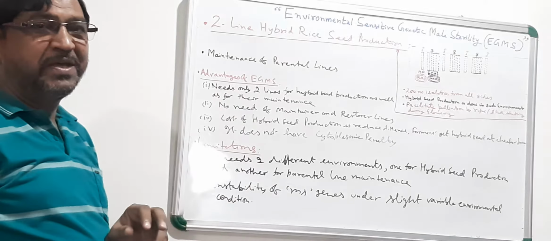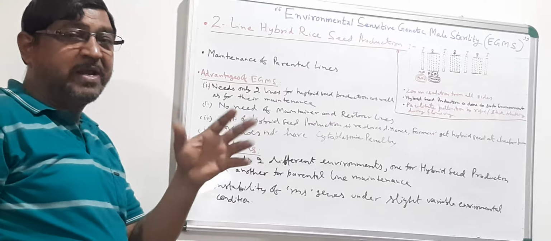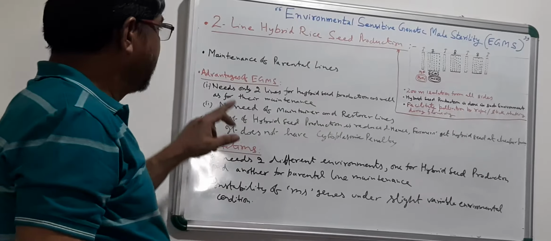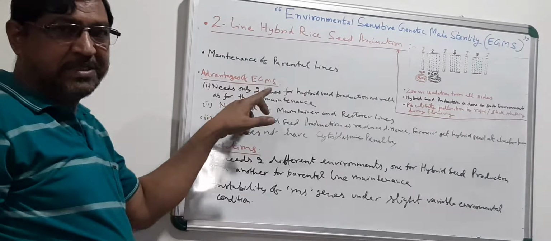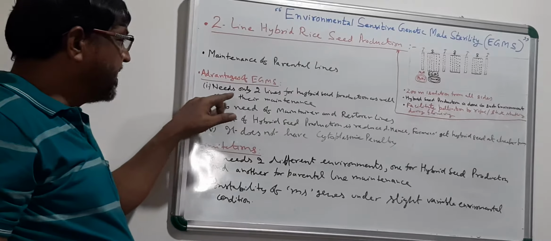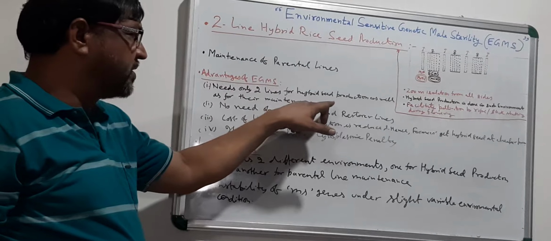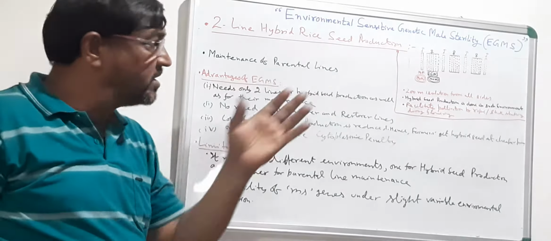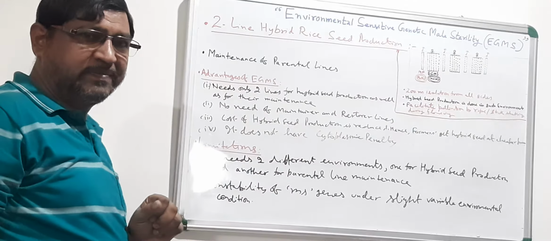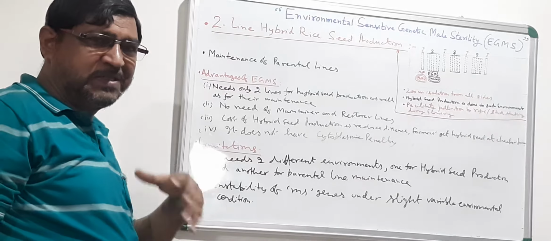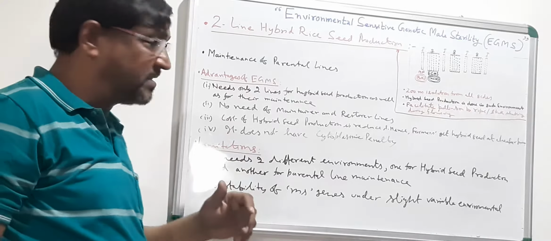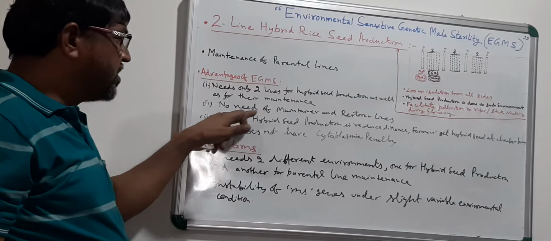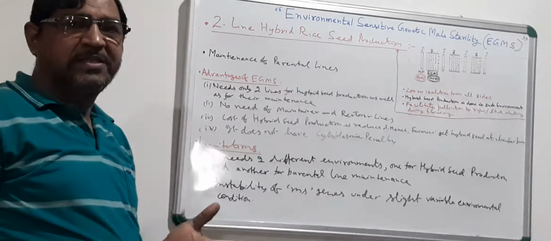So you can see the advantages. It needs only 2 lines for hybrid seed production as well as for their maintenance. I have already described it. So this is reducing your complications. No need of maintainer or restorer lines.